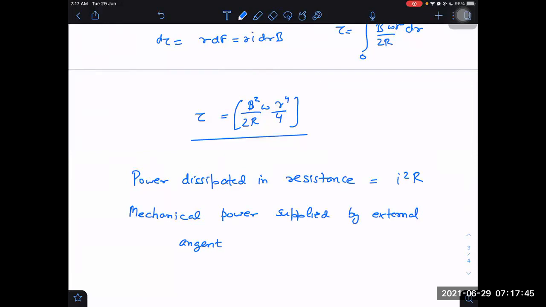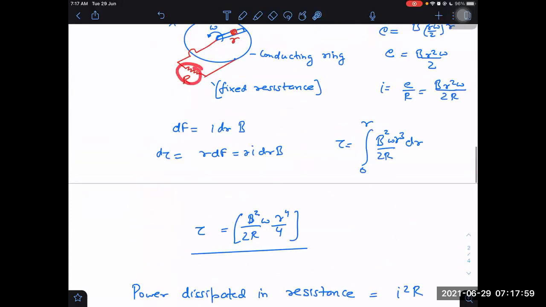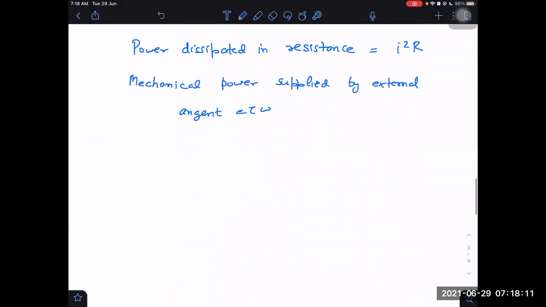Will it not be equal to torque into omega? I said it will be torque into omega. And I know that this power is only getting consumed in the resistance because there is no change in kinetic energy of this. It is constant omega. If there is no change in kinetic energy, then the power which we are supplying is only being used for heat dissipated. Therefore, what I will be getting now?